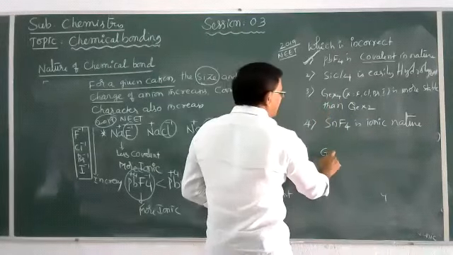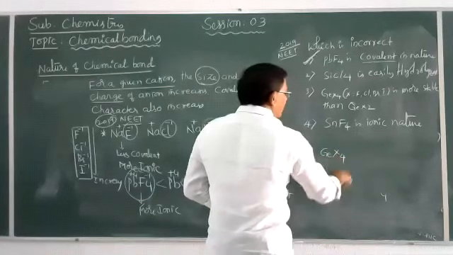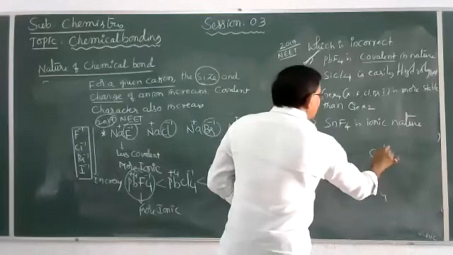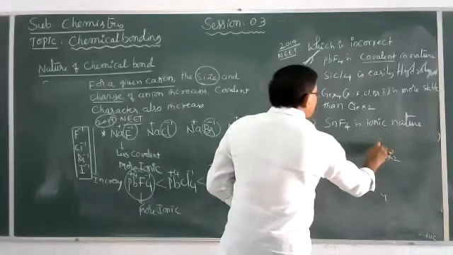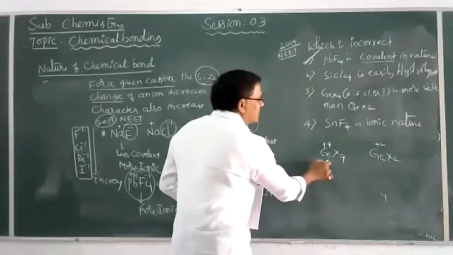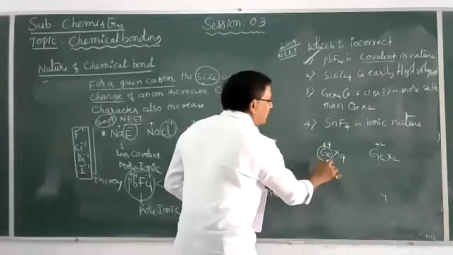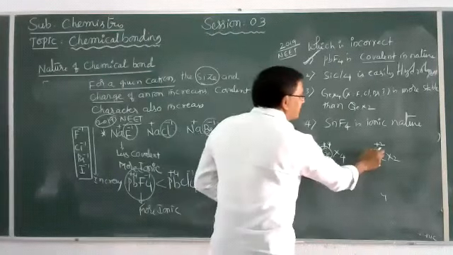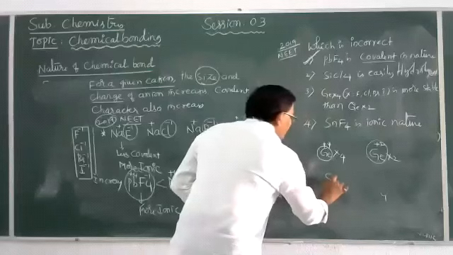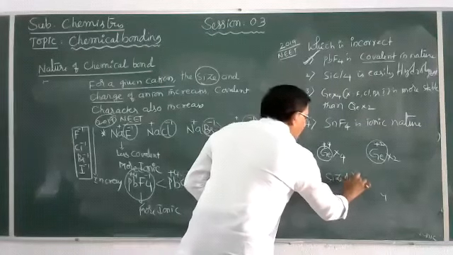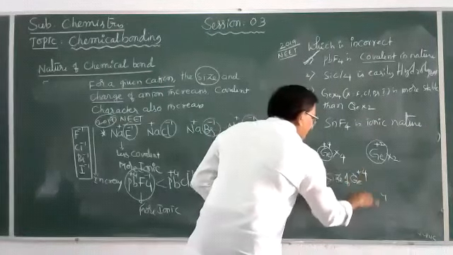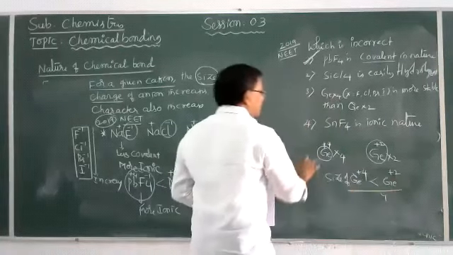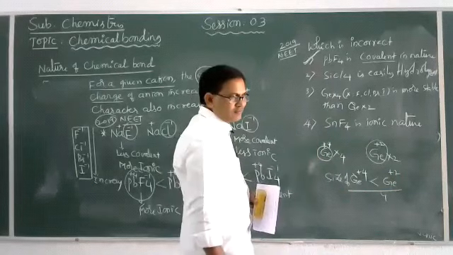Here in GeX4 the oxidation state is +4, and in GeX2 it is +2. The size of germanium +4 is less than germanium +2. Based on this, GeX4 is more stable.